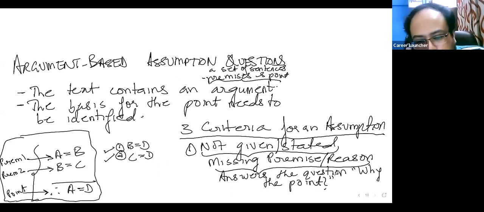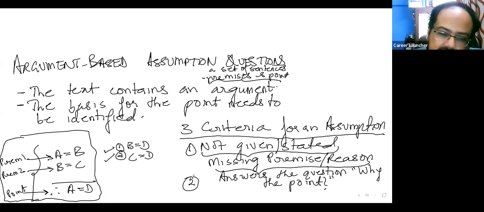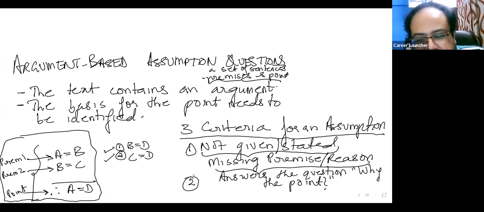So this is the second criteria. The first criteria is it's not given or stated. The second criteria is that it answers the question why the point.